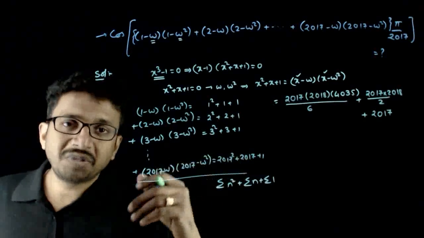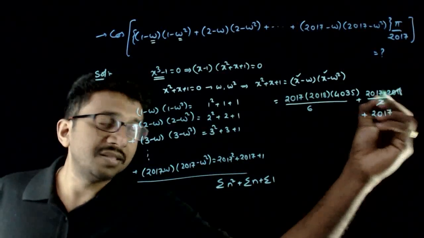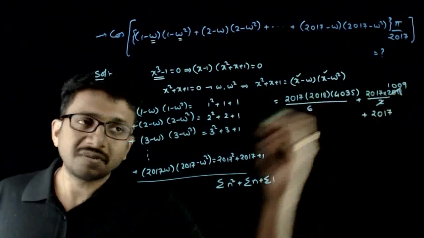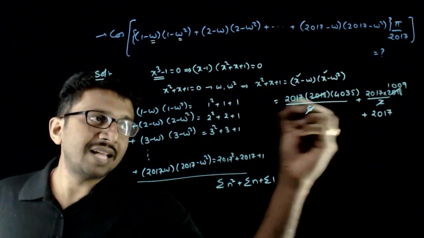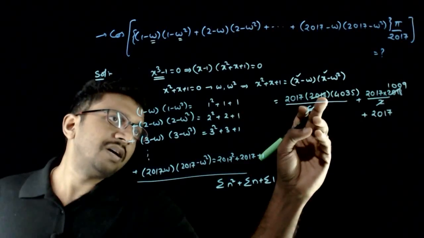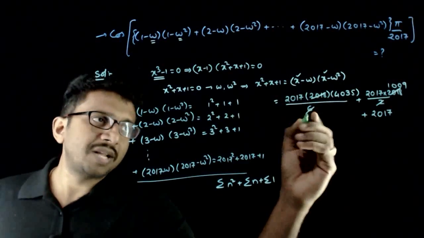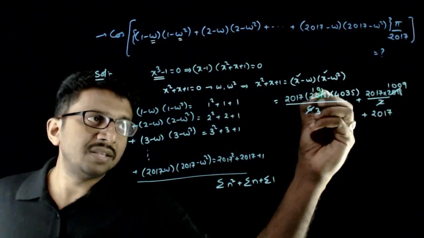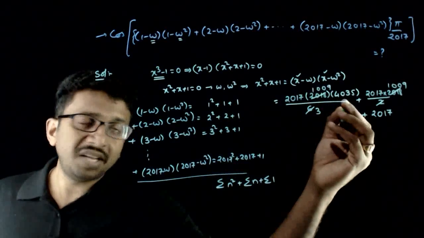What is important to observe in this working is that 2 cancels out 1009 times, and 6 cancels out. Does 6 cancel out here? 6 does not cancel out fully, but 2 3s are 6, 1009, and 3 cancels here.